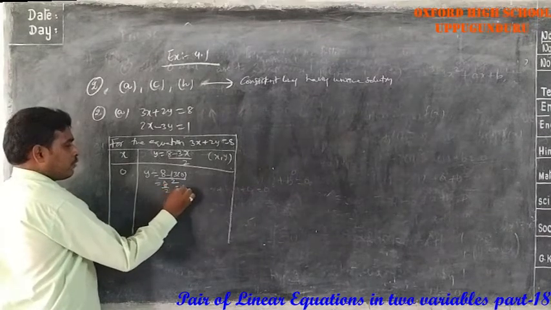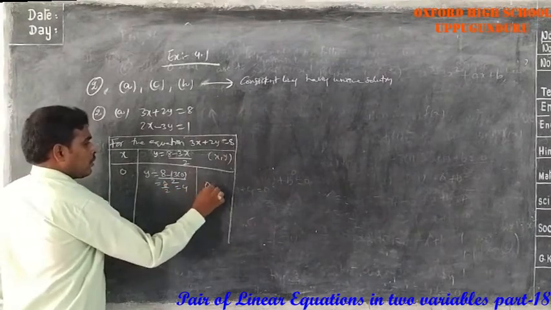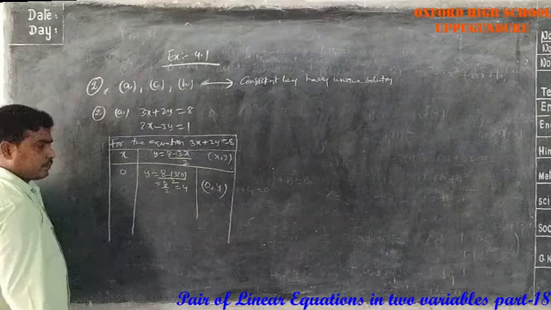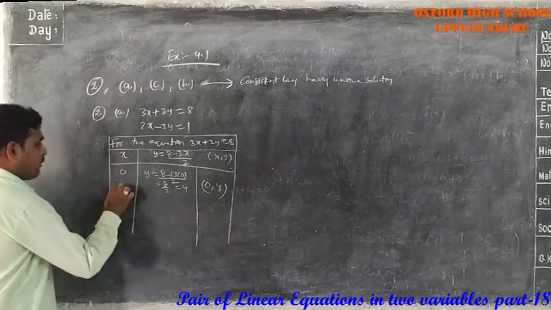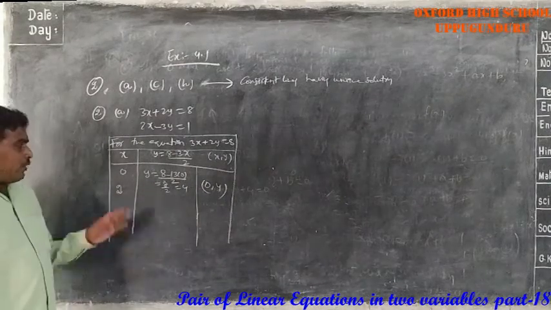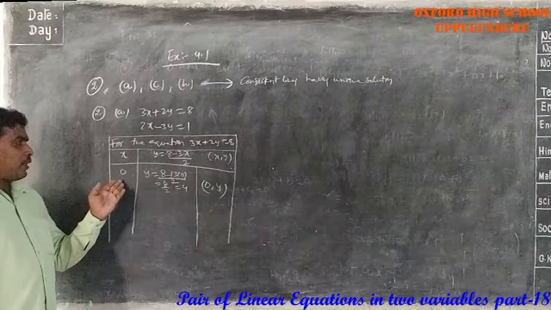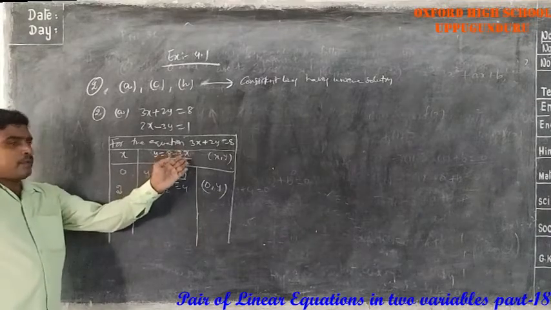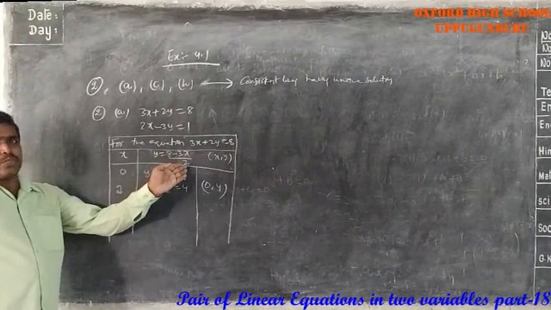So 8 by 2 equal to 4. You will get 0 comma 4. When x equal to 2. Here, why I am not considering 1: if you consider 1, you will get 8 minus 3, 5 by 2. 5 by 2 is 2.5.